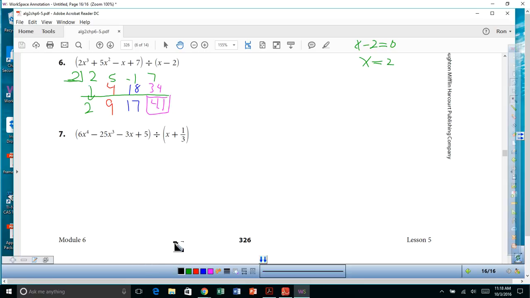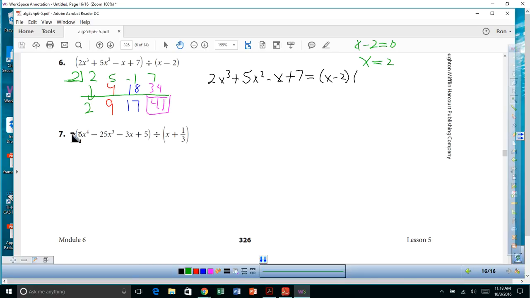So what did we end up with? Well, we've got 2x cubed plus 5x squared minus x plus 7 equals our divisor, that's x minus 2, times, well, let's write that out.